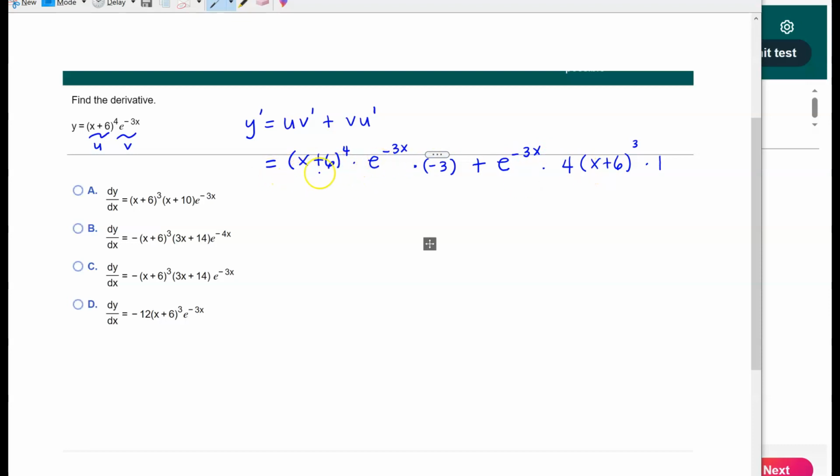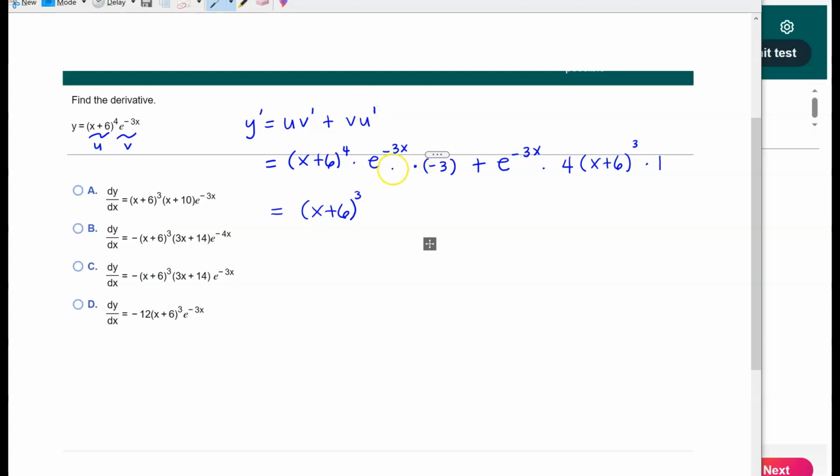So notice that we have x plus 6 to the 4th here, and you have x plus 6 cubed here. So that means that we have a common factor in terms of x plus 6. So you copy x plus 6. Now, which power? You pick the smallest power. So you have cube. So x plus 6 cubed is a common factor.